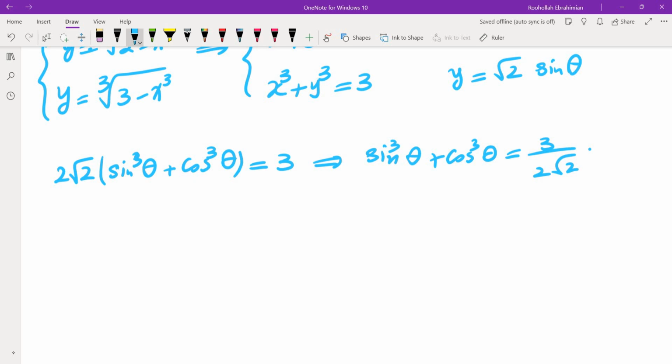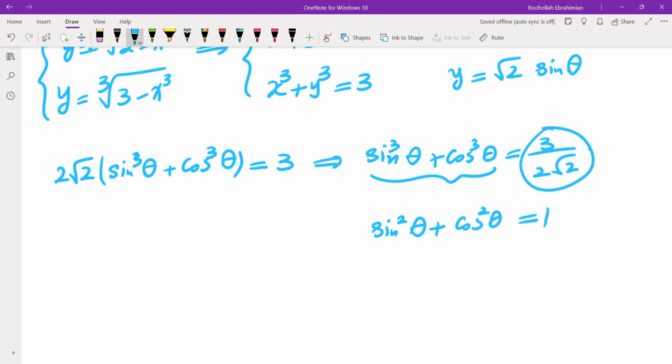Now, at this point, you might be tempted to do the sum of cubes and go from there. You can try that. You're going to get a pretty big mess, but still, it might work. But I have one other relation between sine and cosine. I know sine squared plus cosine squared is equal to 1. And if you look at the right side of this, this is more than 1. That seems a bit suspicious, because since sine and cosine are numbers less than 1, when you raise them to larger powers, it would have to become smaller.